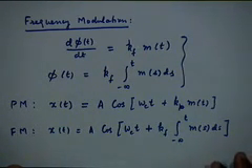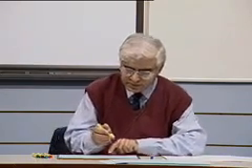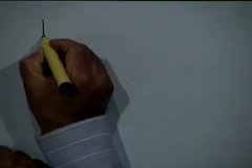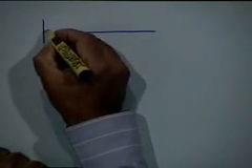It will be interesting to see what kind of waveforms come out of these definitions. What is a typical waveform for frequency modulation, and what is a typical waveform for phase modulation? So let me attempt to plot some waveforms. I am not extremely good at that, but I think we will try to.